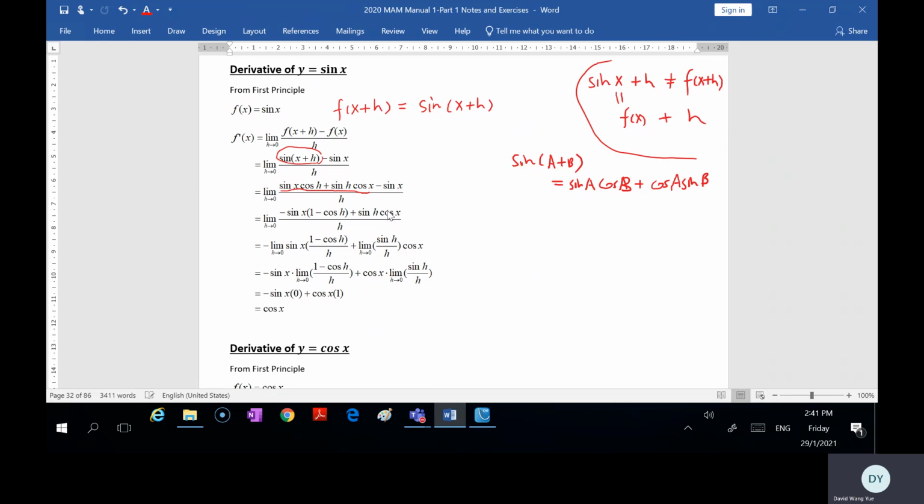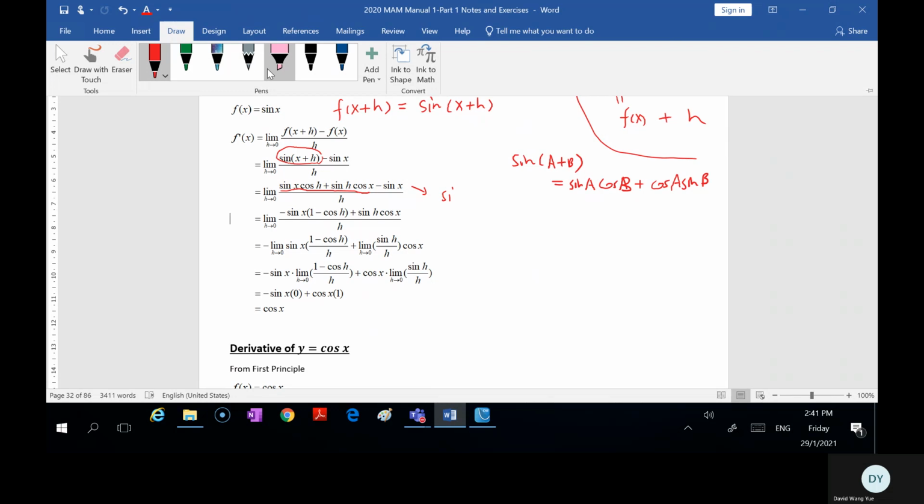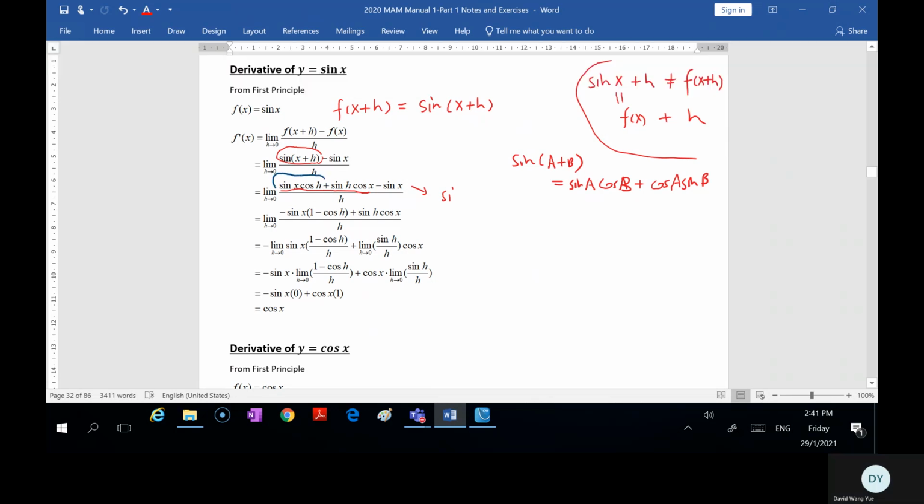What we combine is this part and this one, so these two.